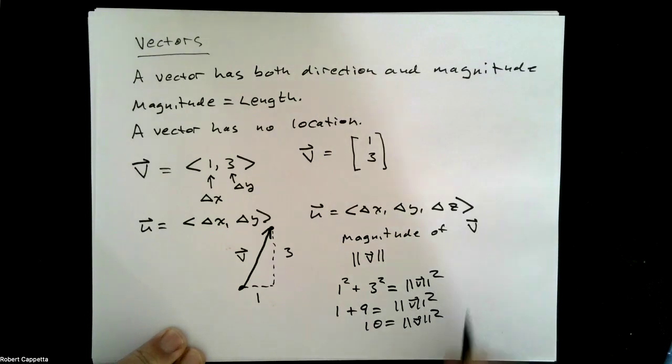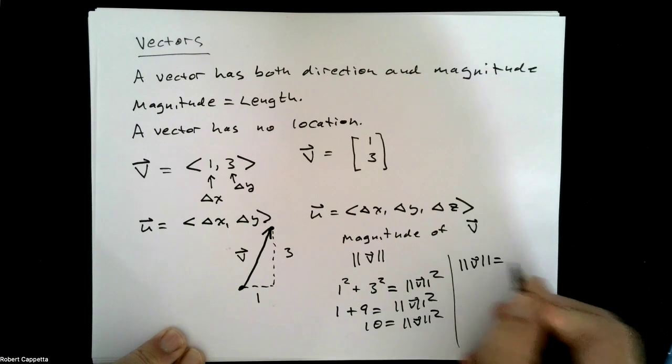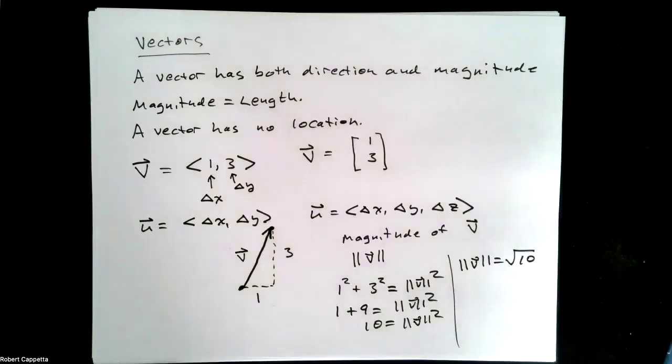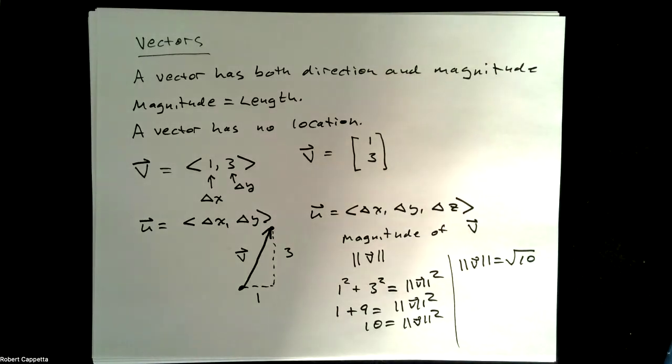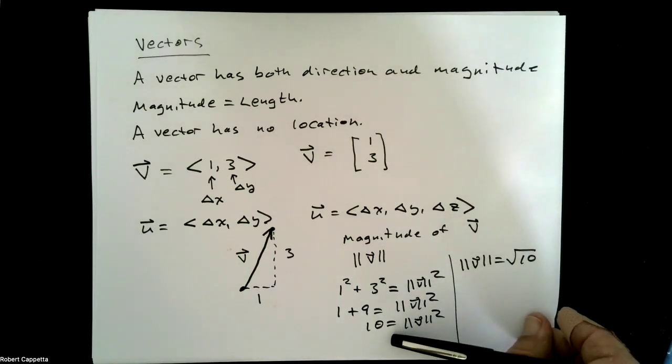So the length of v is just the square root of 10. So indeed, the Pythagorean theorem gets that done for us. We can go ahead and use that to make some sense of it. And that, again, works for a two-dimensional or a three-dimensional vector.